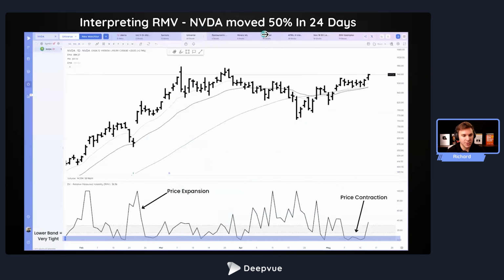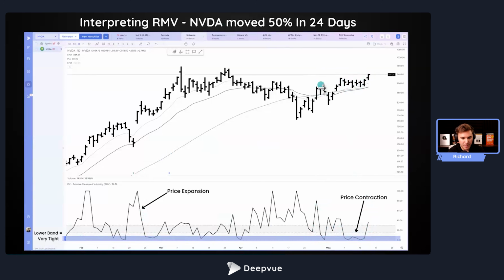So, interpreting RMV. Here's a Nvidia example, and I made this slide when the Nvidia example that I used prior was setting up. So this is almost in real time. When we're very low here, below 5, pretty much near 0, we're getting price contraction. So here on the right hand side, price contraction, RMV 0.